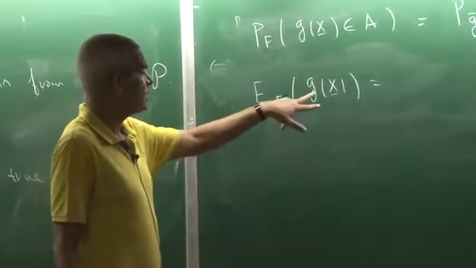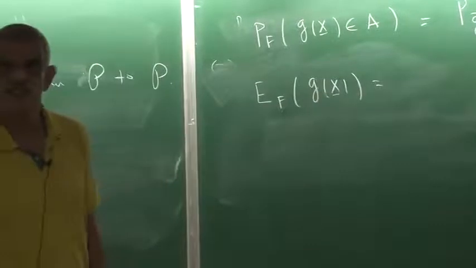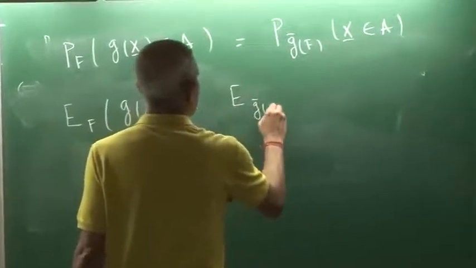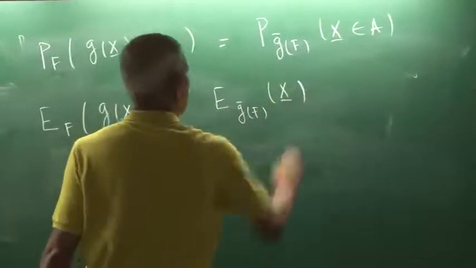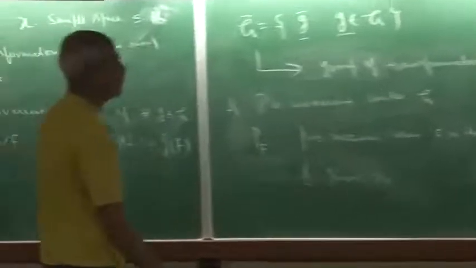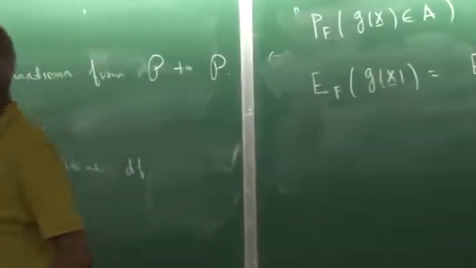But when I know that x has a distribution function f, g of x has a distribution function g bar of f. So this is the same as E of g bar of f x. Right? So you can keep changing. So these are two small observations.